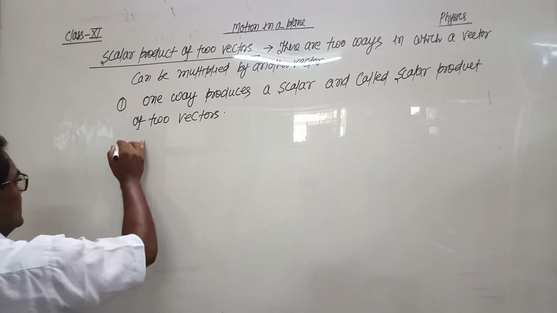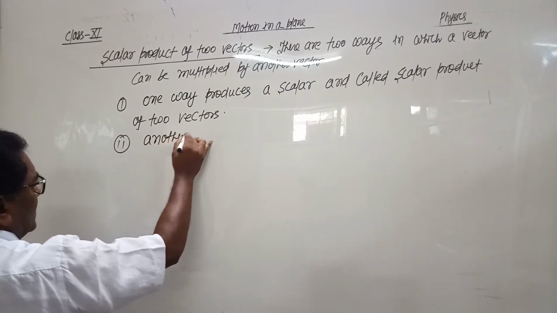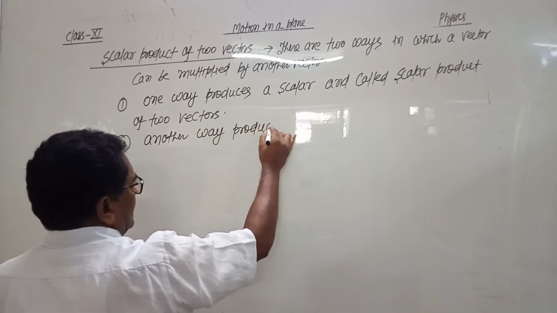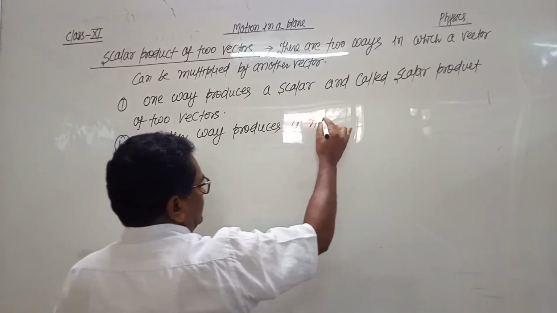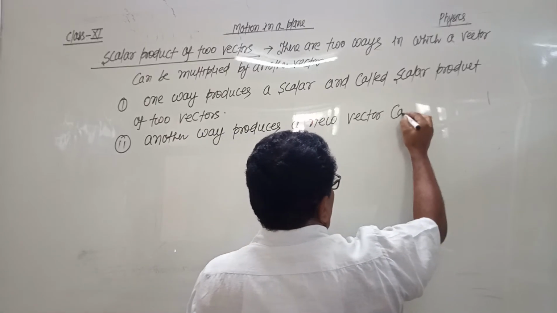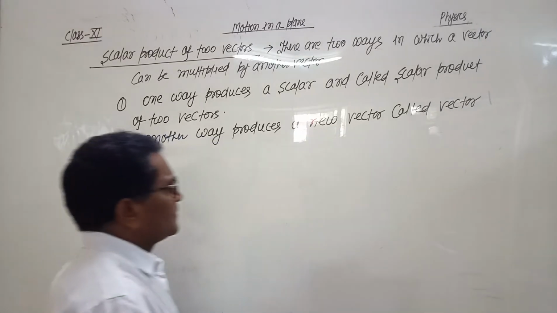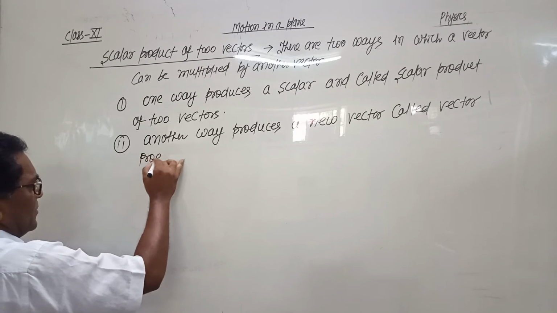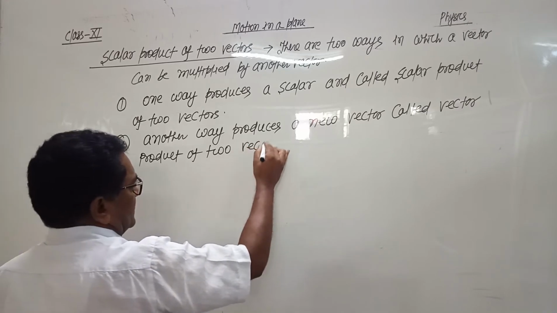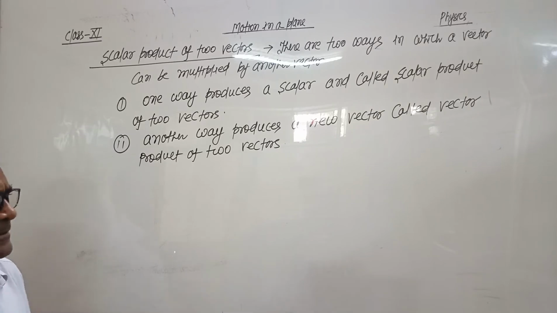Another way produces a new vector, called the vector product of two vectors. So in both cases two vectors are multiplied.